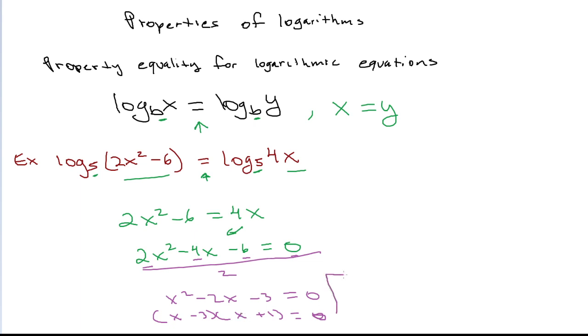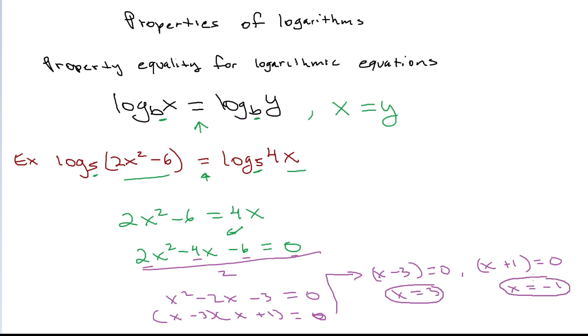All right, so bring that over. You've got your two factors: x minus 3 equals 0, and x plus 1 is equal to 0, and then solve for x. So in this case, if I add 3 to both sides, I get x equals 3, and x is equal to negative 1.